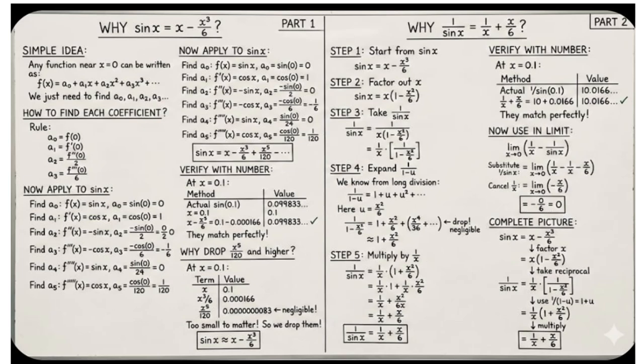This is how we can use Taylor's theorem. The only thing you should know is how the long division process can be done. Very simple, we studied it in high school classes. If you divide 1 by 1 minus u, you can convert it like this. Here if you take u equal to x square upon 6, then 1 upon 1 minus x square by 6 can be written like this.